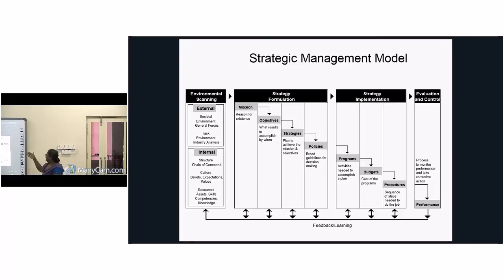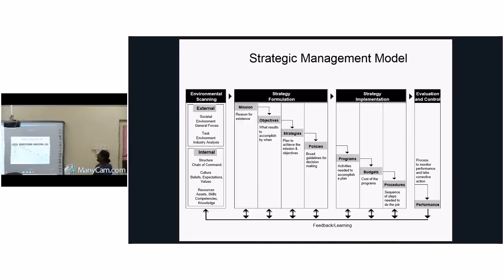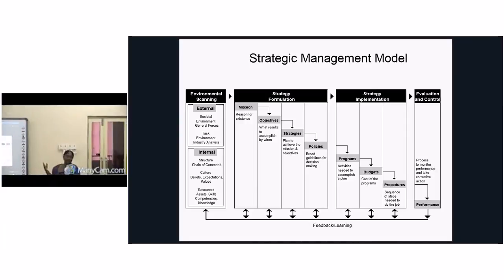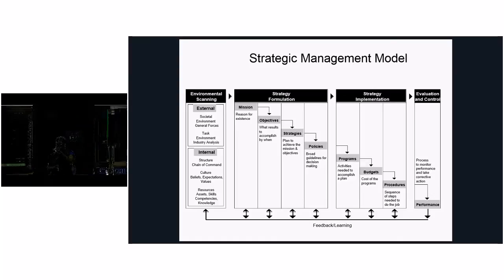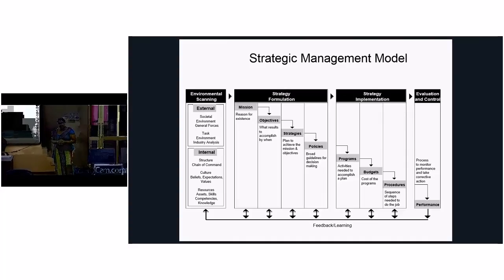So the external environment consists of the societal environment and then the task environment. This is the basic categorization according to strategic management. When you go through a management book or any other general management book, you will come across different categorizations of business environment or organizational environment.